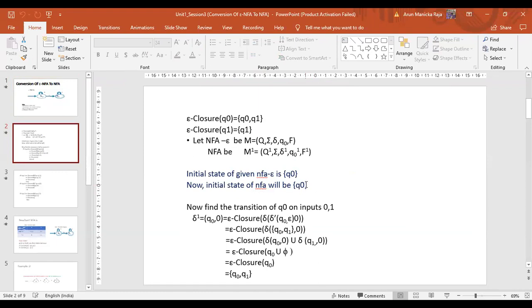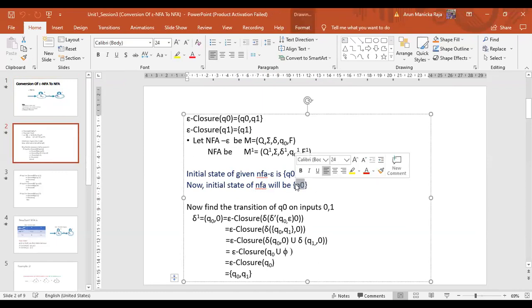Now we have to find the transition for all the states with all the input. Here we have only two states, Q0 and Q1. So we have to find Q0 comma 0 and Q0 comma 1.